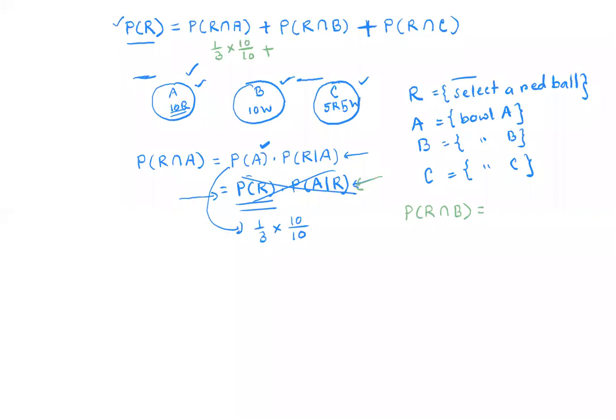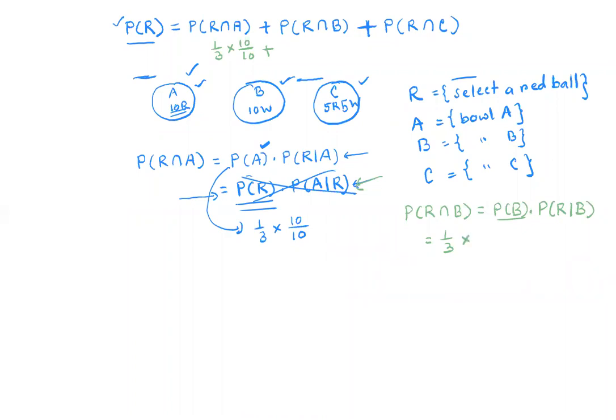So you're going to do the probability of selecting bucket B times the probability of selecting a red, given that bucket B has been selected. What is the probability of selecting bucket B? It's 1/3, right? If these buckets are selected randomly, there are 3 of them, so your chance of selecting one of them is 1/3.